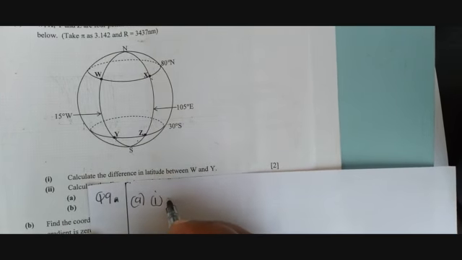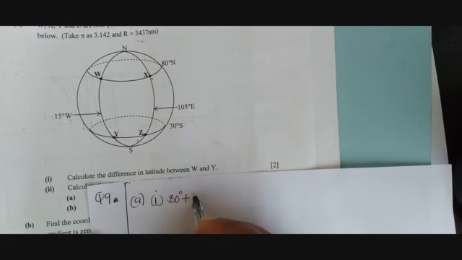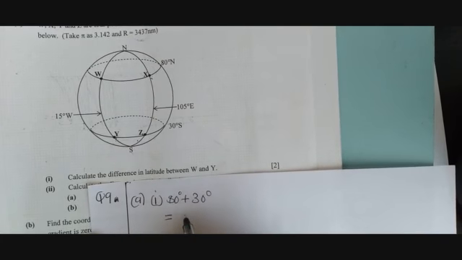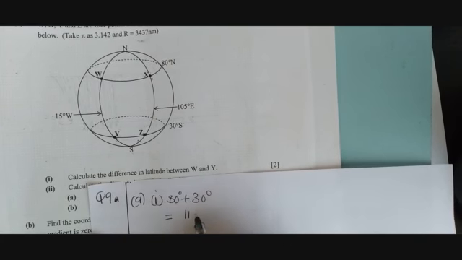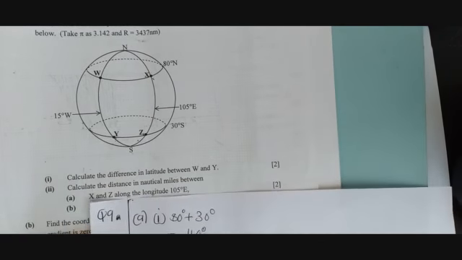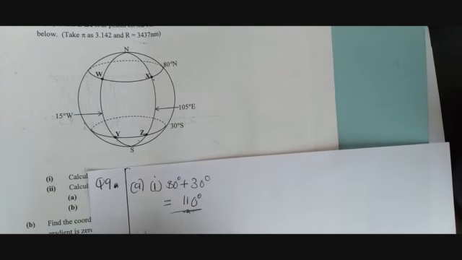So they're on different sides of the equator. So it's 80 degrees plus 30 degrees, and the answer here will be 110. All right, this is the answer. That's the difference in latitude.